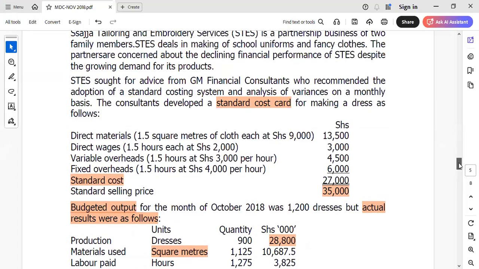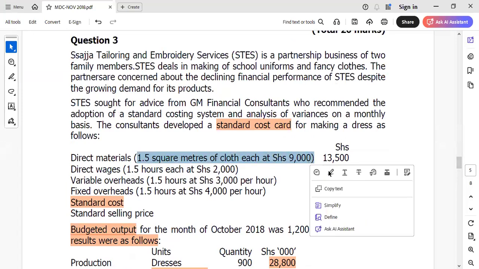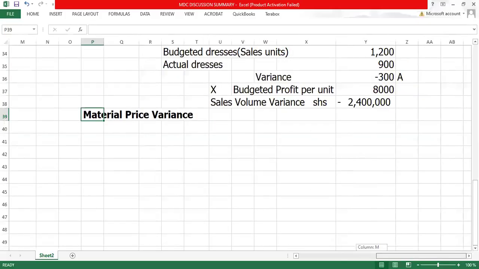Now the question will be, are you seeing this here? This is direct materials. As a student answering this, as a manager, you'll be asking yourself, I want to buy materials, but what is my budget?